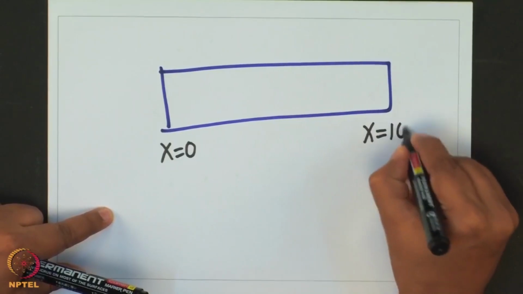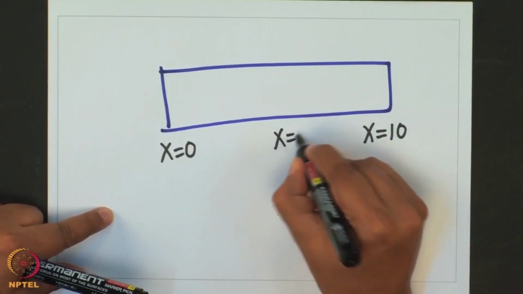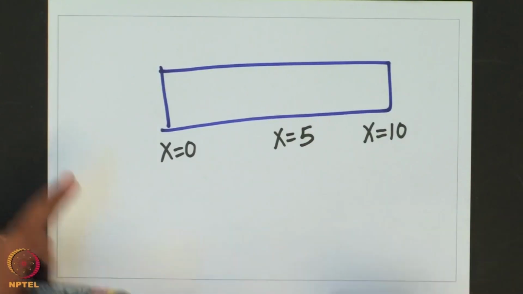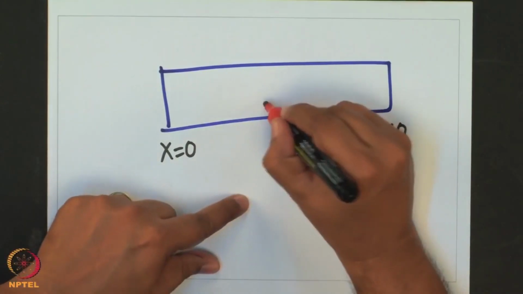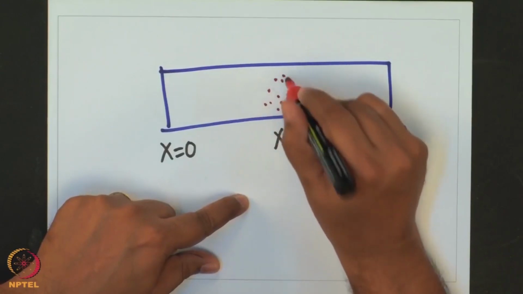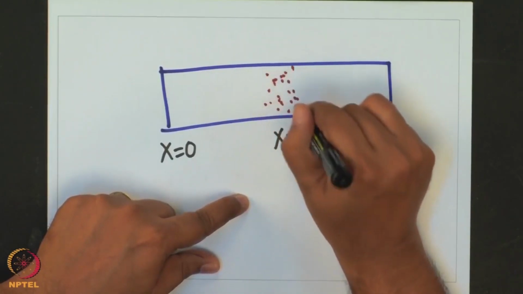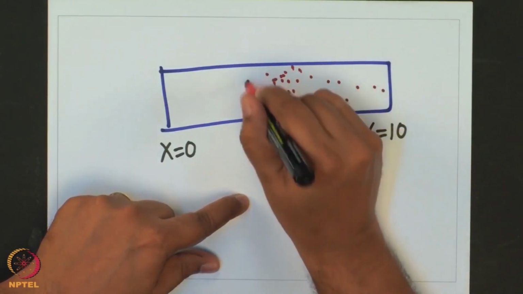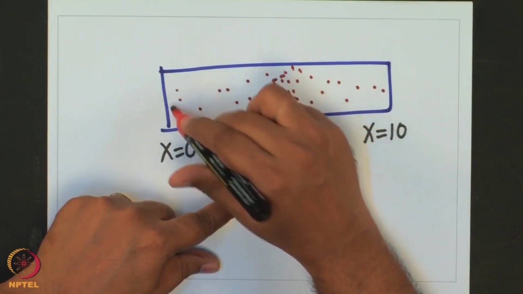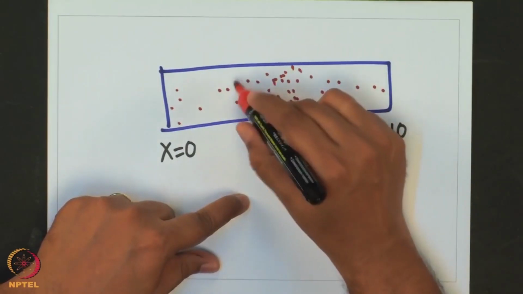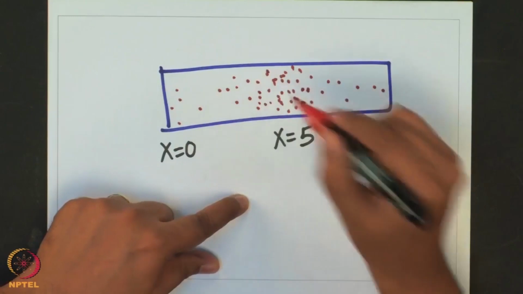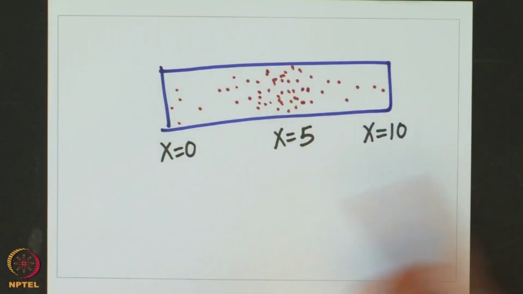Here it is x equal to 10, and somewhere in the middle is x equal to 5. The concentration of protein is very high in the middle where x equal to 5, and as I go along, it will be lower and lower. With high concentration in the middle and lower concentration on either side, the flow should happen to either side.